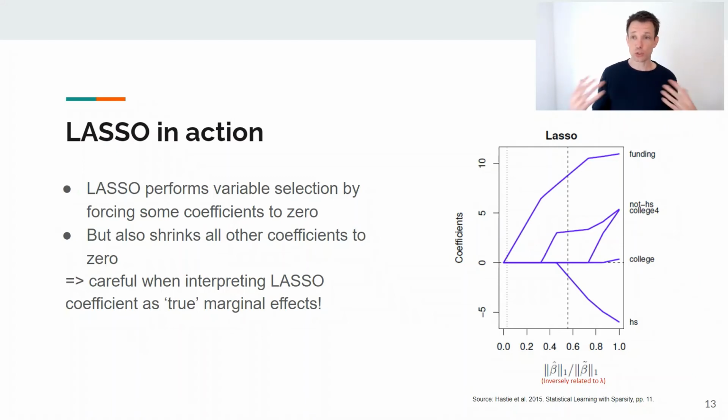And if you want to interpret your coefficients, that is obviously something that you do not want to have. So therefore, be careful when interpreting the coefficients of Lasso as the true marginal effects, or rather, don't do that. Okay, so even if the theoretical properties are fulfilled, Lasso can theoretically be shown to result in the true model, but you cannot interpret the coefficients directly.